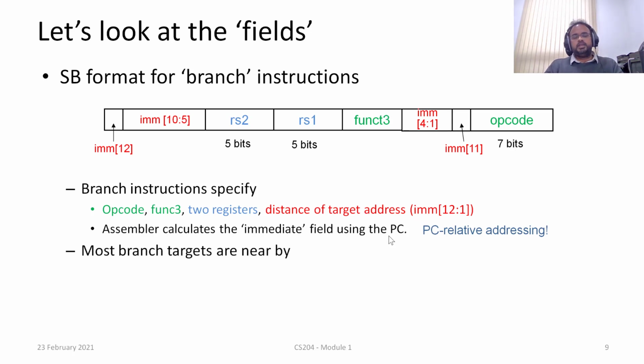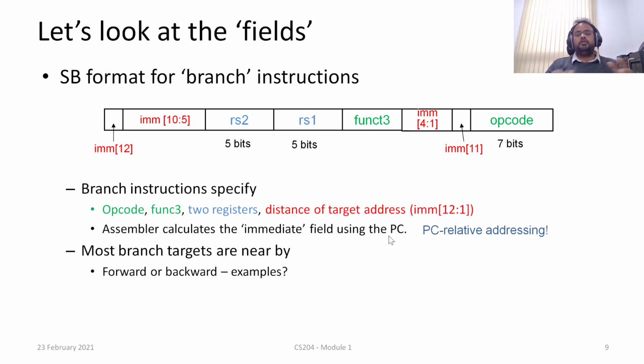Mostly, the way we write programs, we see that the branches are very nearby. The branch target can be before the branch instruction or after the branch instruction. We want to go back to some previous line of code, or we want to jump further down.